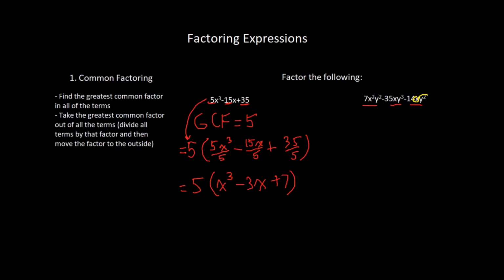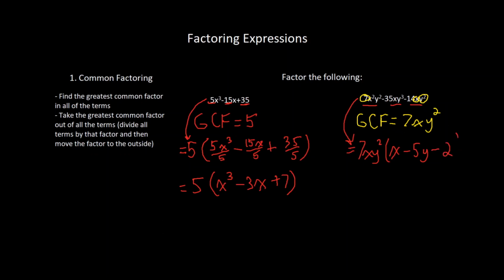In this case, the largest y shared is y squared, and the largest x shared is just x. The greatest common factor in this case would be 7xy squared. When we factor that out, divide all the terms by that factor, we get 7xy squared, open bracket, x minus 5y minus 2 close bracket.